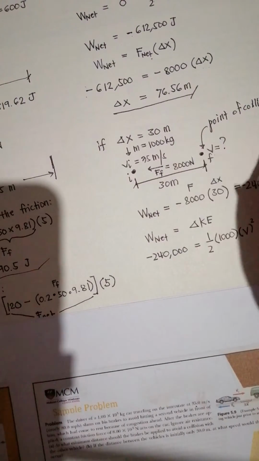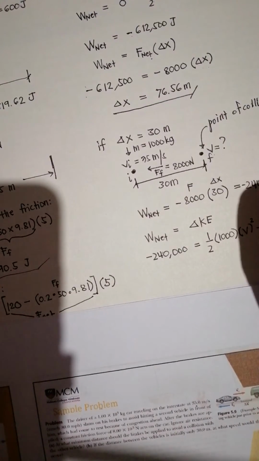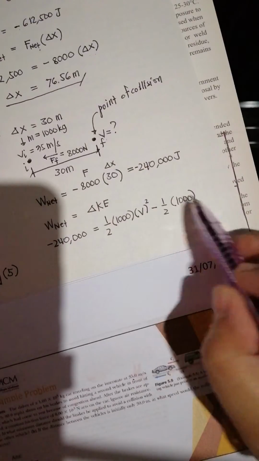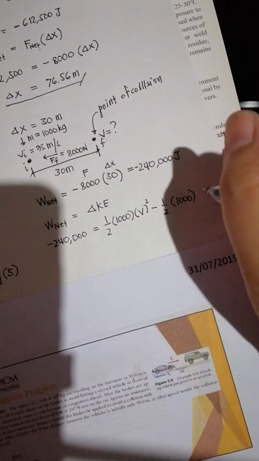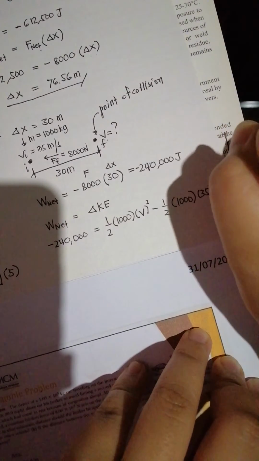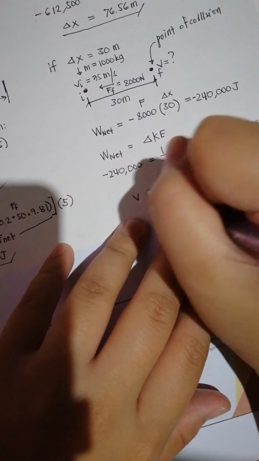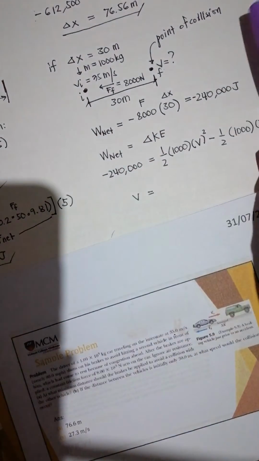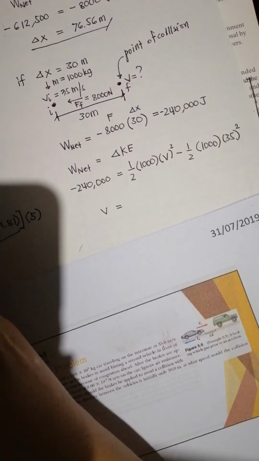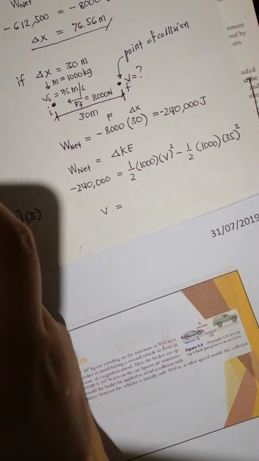then minus 1/2 mass times velocity. The initial velocity is 35 squared. So v is now equal to, by calculator, we'll try to use shift solve.